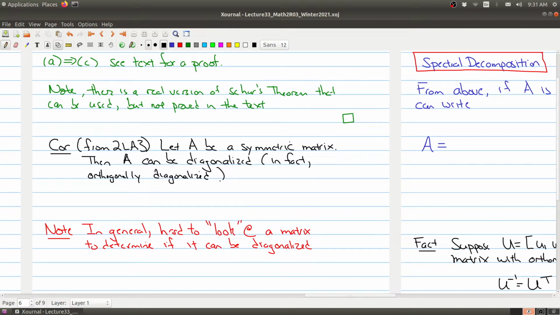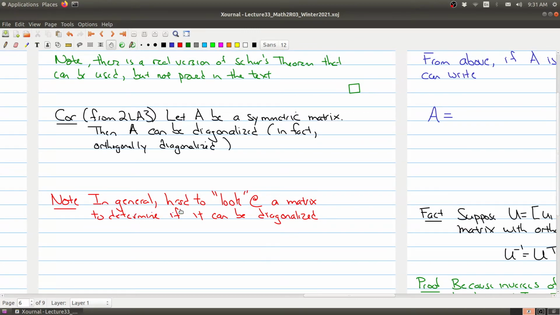This is very useful because, as we talked about in Math 1B03, in general it's hard to just look at a matrix and determine if it can be diagonalized. You have to do a lot of work to decide that.